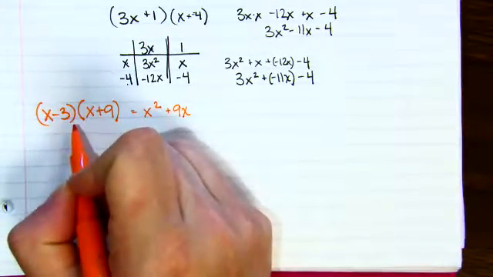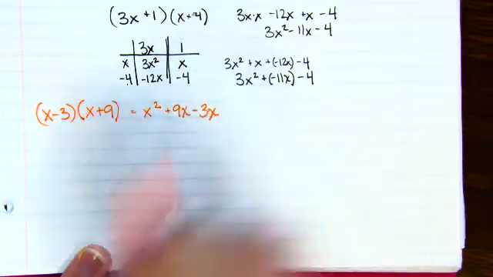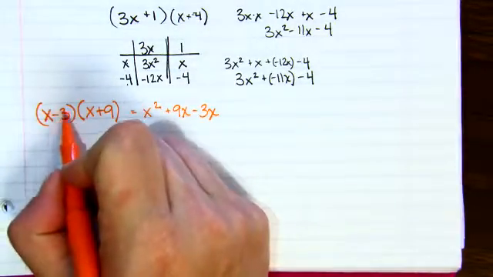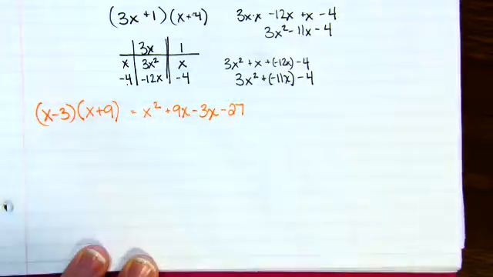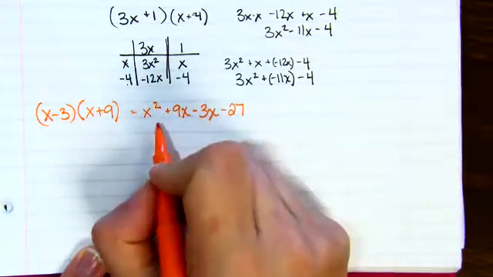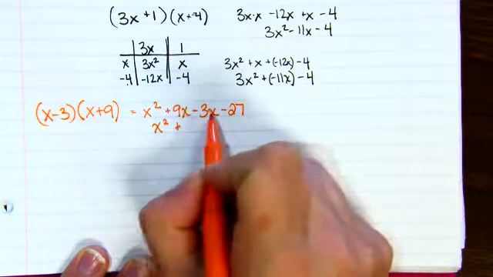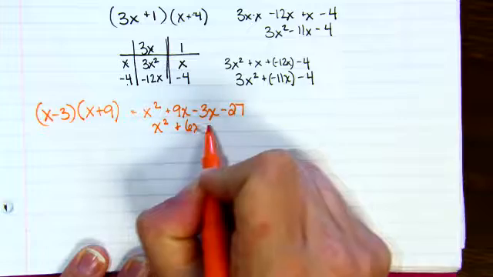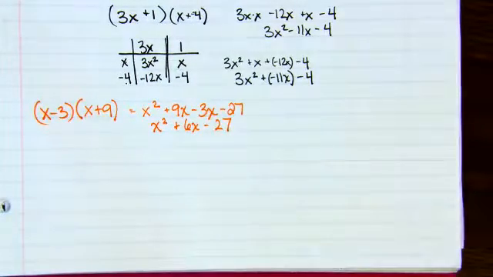Inside, I'm subtracting a 3 and multiplying that by x, so that's a negative 3x, or subtracting 3x. And then I have this negative 3 and a positive 9, makes negative 27. From here, I want to combine my like terms, so this will be x squared. A positive 9x taking away 3x is 6x, minus 27, and I'm done.